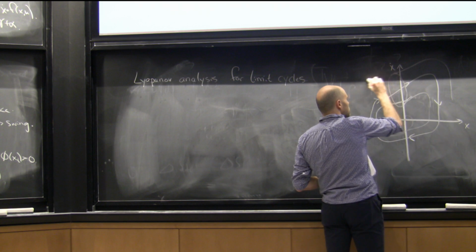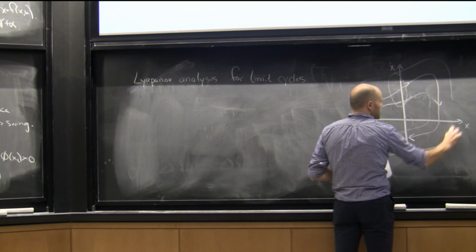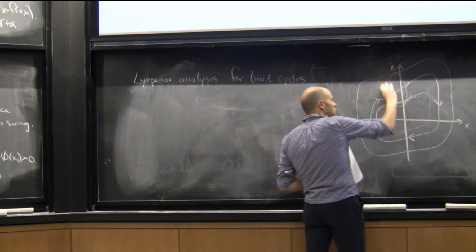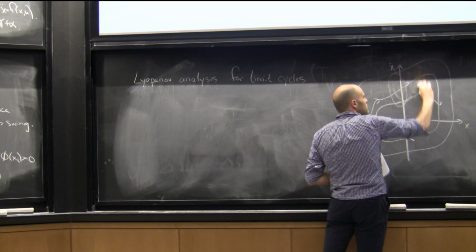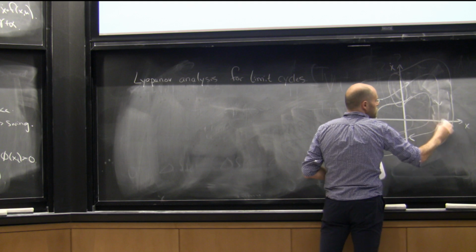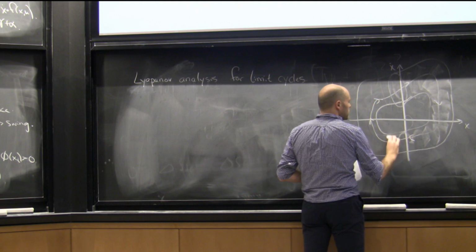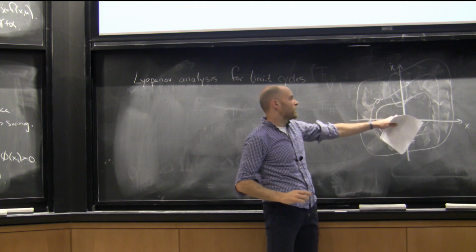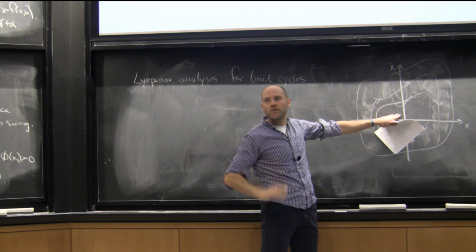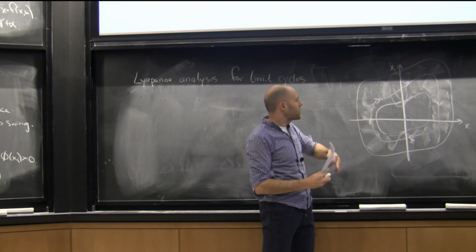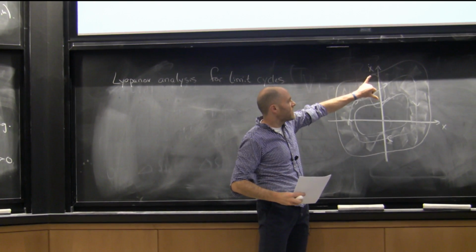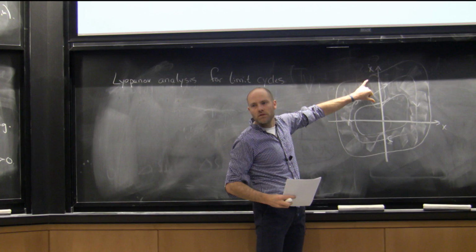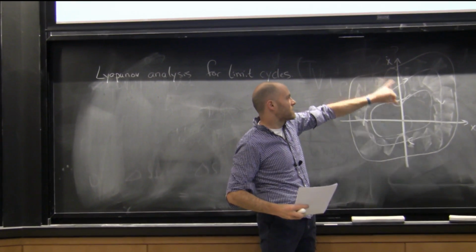I wish I brought my other chalk, but is that sort of clear? There's probably some states in the vicinity of the limit cycle that will converge, and maybe if you get too far away, you might go off and do something different. So the notion of region of attraction has a natural notion in the context of a limit cycle.